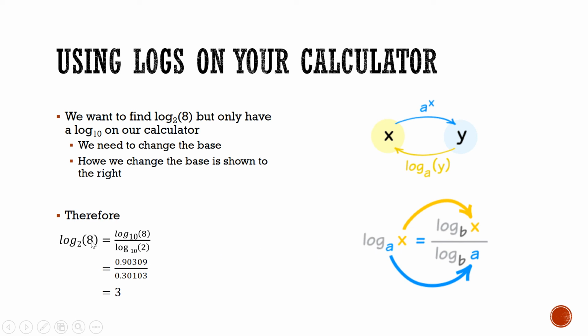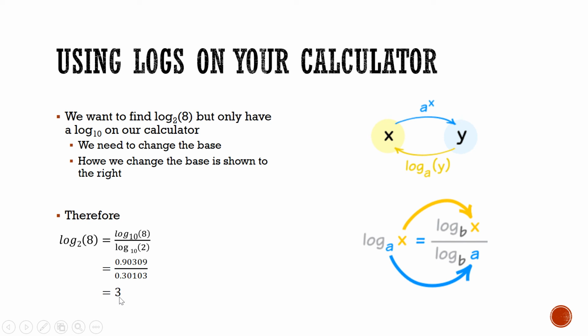So if we have log 2 of 8, which is what we were dealing with before, so how many times does 2 need to be multiplied by itself to get 8? How many times does 10 need to be multiplied by itself to get 8? Bit of a weird question, but let's move on. And how many times does 10 need to be multiplied by itself to get 2? So log 10 of 8 is 0.9, and the log 10 of 2 is 0.3. 0.9 divided by 0.3 is 3.